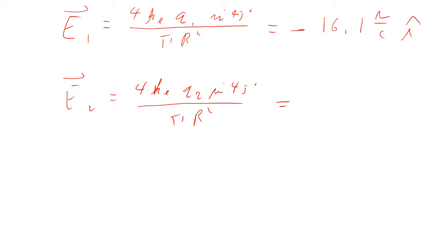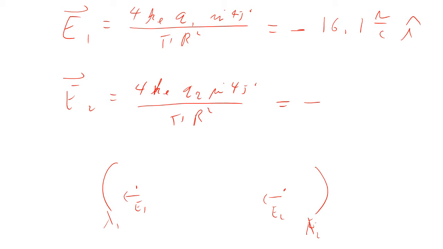And E2 is going to be minus, because E1 here is that way because lambda 1 is negative. On the other hand, E2 is also going to be in the negative direction because lambda 2 is positive and it goes away from there.